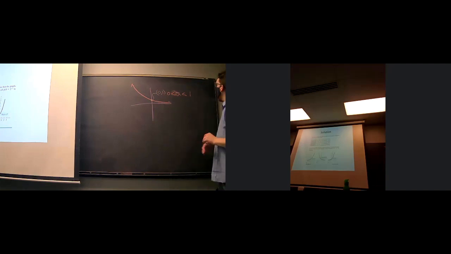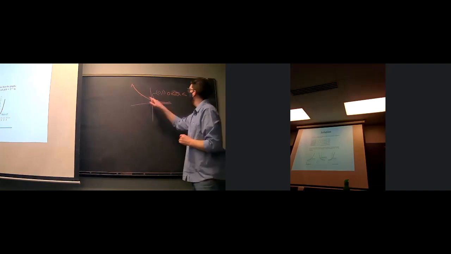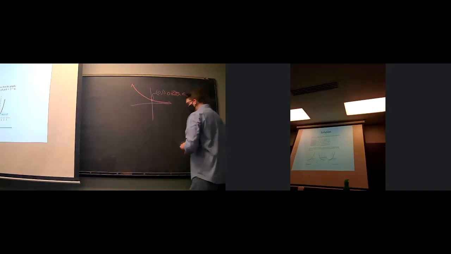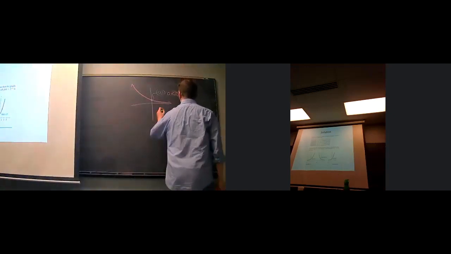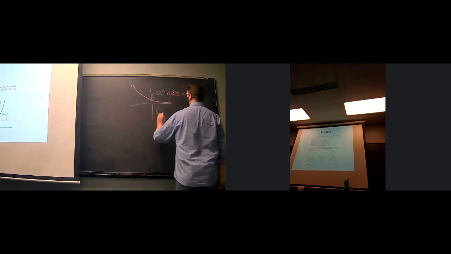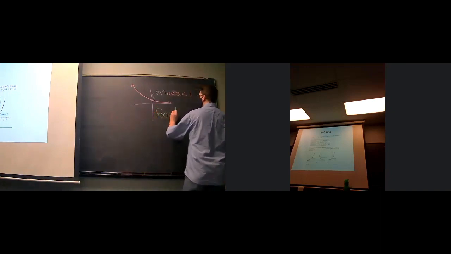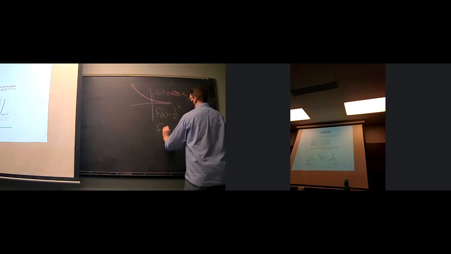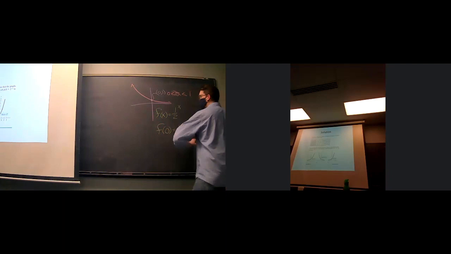If A is between 0 and 1, it's going to decay. And if we think about it, it kind of makes sense, right? Let's take, for example, A to be equal to 1/2. At 0, this is going to come out to be 1.